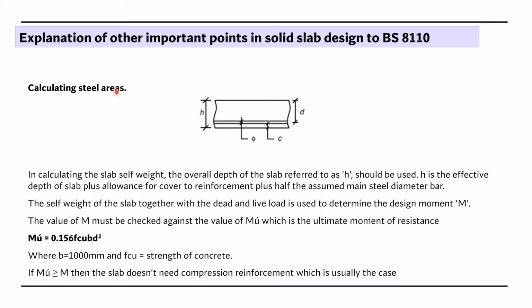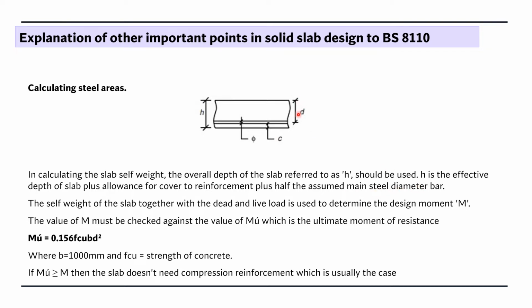Calculating steel areas. In calculating the slab self-weight, the overall depth of the slab referred to as h should be used. h is the effective depth of the slab plus allowance for cover to reinforcement plus half the assumed main steel diameter.